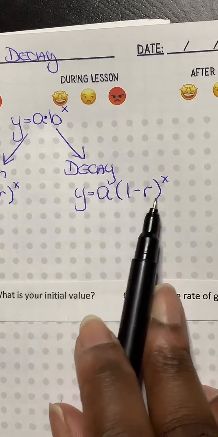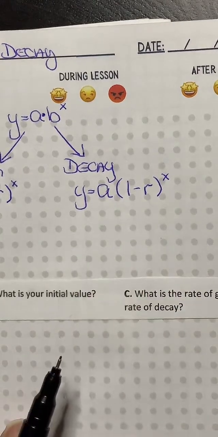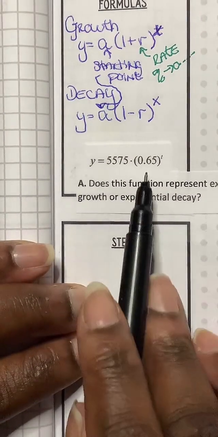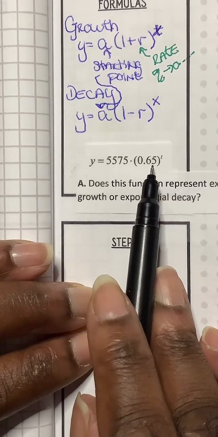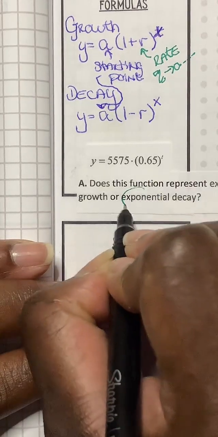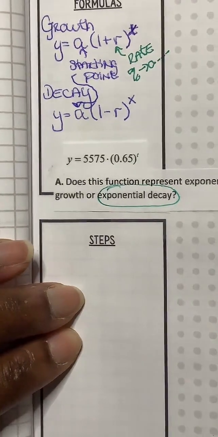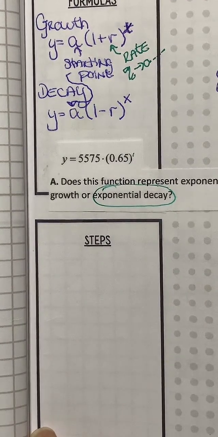So that means my answer is going to be less than 1. So if I look inside the parenthesis and it's not more than 1, that means it is exponential decay. Okay, good job, Michael. It's going to be decay.